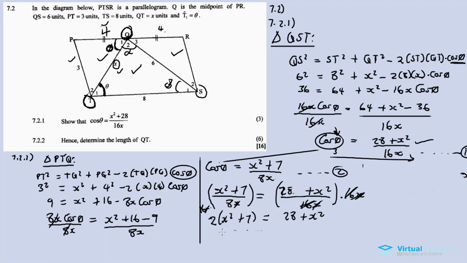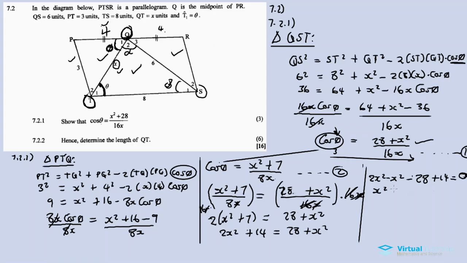Okay, now it makes sense again. 2x squared plus 14 equal to 28 plus x squared, and then you transpose everything to one side of the equation: 2x squared minus x squared minus 28 plus 14 equal to 0.